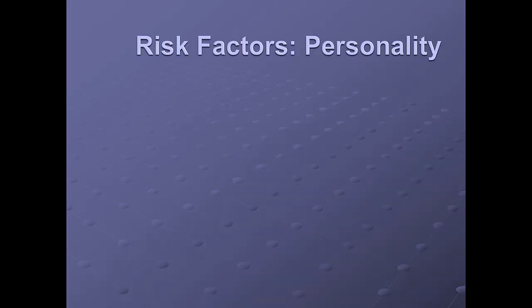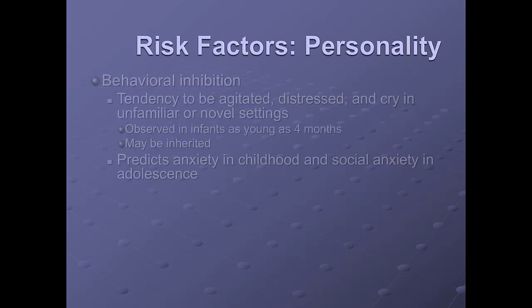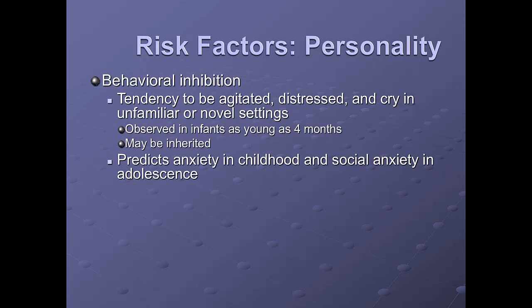The first personality contributor is behavioral inhibition. Behavioral inhibition is an infant's tendency to be agitated or distressed in an unfamiliar or novel setting. This can be observed in infants as young as 4 months old, and we believe it to be inherited.